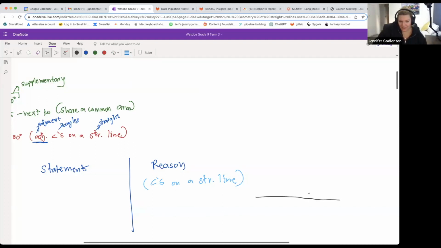Okay, let's draw ourselves another one. And then let's say that this is x and that this is 60 minus x. Make sure that it works.